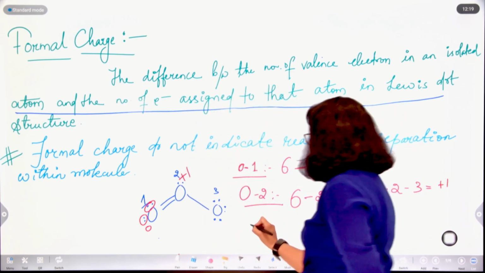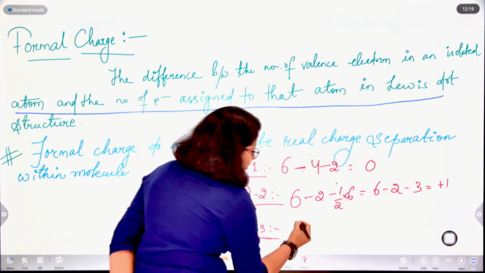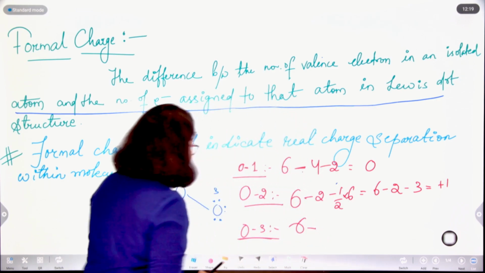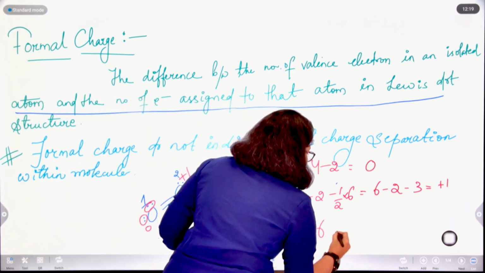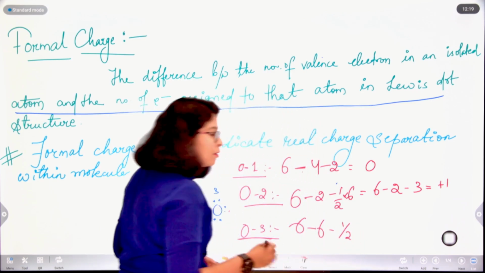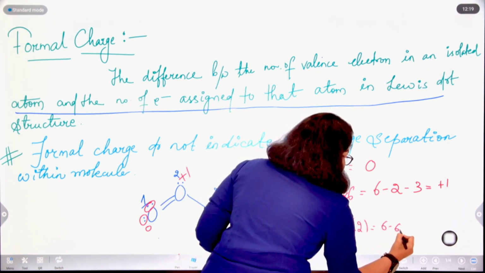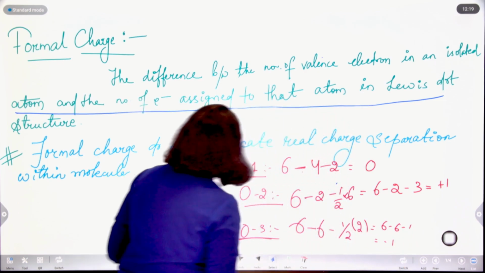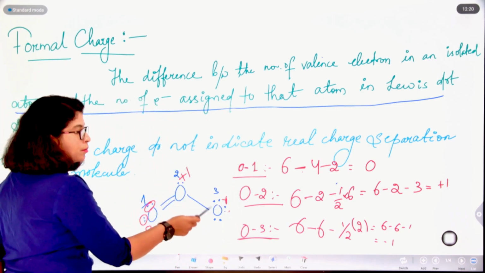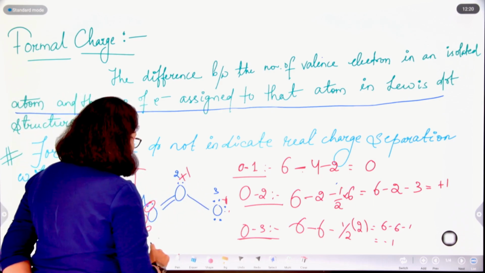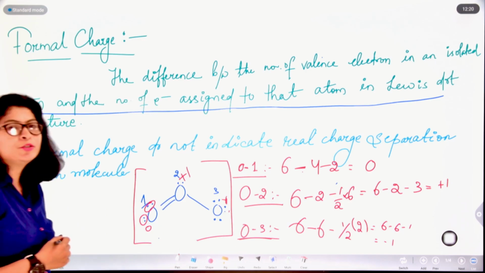For the third oxygen, O3, the formal charge is valence electrons 6 minus lone pair electrons 1, 2, 3, 4, 5, 6 minus half of bond pair electrons. Here one bond is there, so half of 2, it is 6 minus 6 minus 1, so it has minus 1 formal charge. Now you see the plus 1 and minus 1 cancel out each other and the ozone molecule turns out to be neutral. Okay, so this is how we calculate the formal charge in an atom.